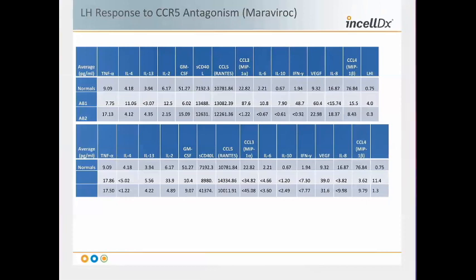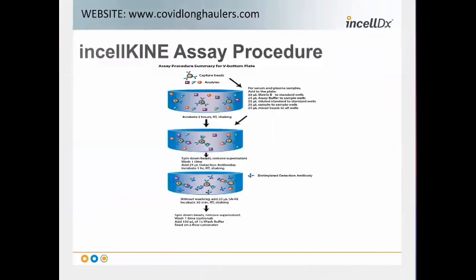There's two separate serial cytokine panels. The long hauler index decreased. The patient's symptoms improved significantly, and that was reflected in the number of different cytokines and chemokines that were reduced by CCR5 antagonism.